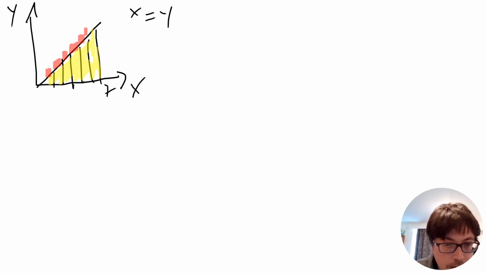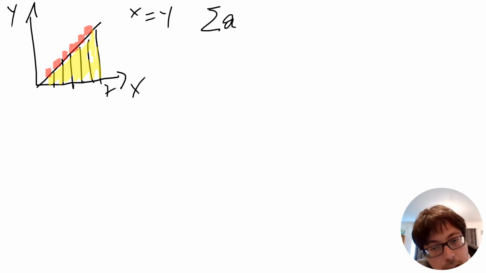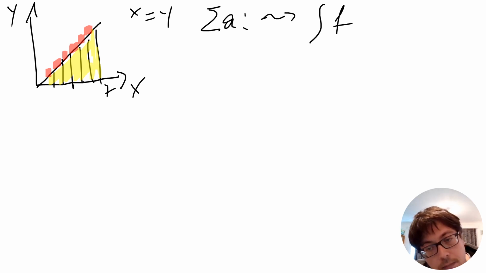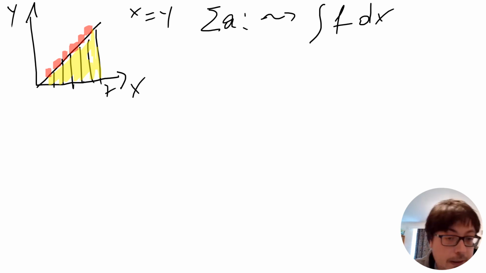Okay, so we want to make the connection between the sum of AI with the integral symbol. How do we do that? So first of all, we need to remember that we are summing AIs, which are rectangles.